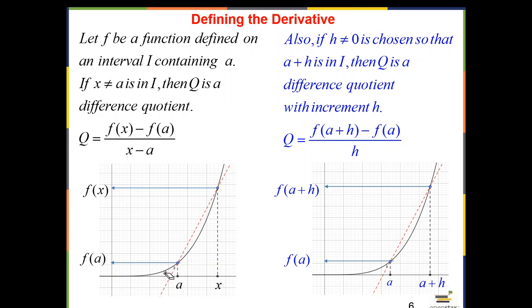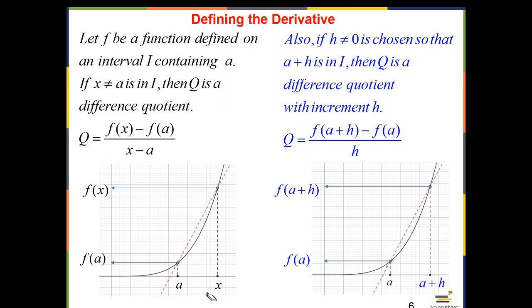For example, this function is increasing, so we would like to know the rate of increase of this function at point A. To find that, we said in Chapter 2, we're going to put a point close to it, either to the right or to the left, it doesn't matter. But let's say to the right of it.